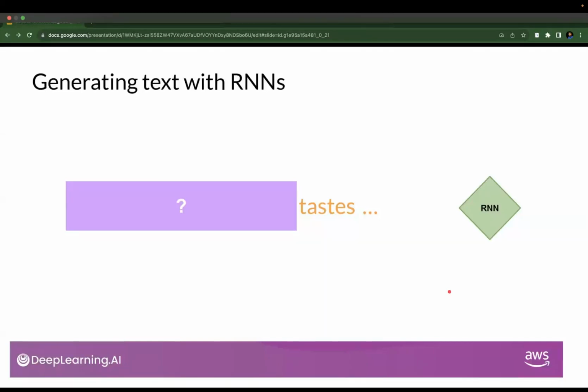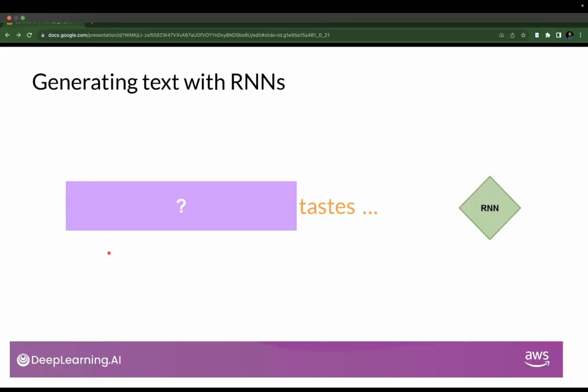So one of the major use cases of LLMs is to predict what is going to be the next word or the next token. Let's say we have a sentence ending with "tastes," and there is some part of the sentence before it which we don't know, and we would like to predict the next token. The more information we have about the preceding words, the better will be our prediction.